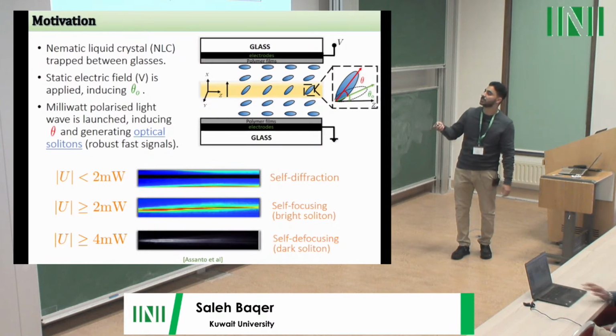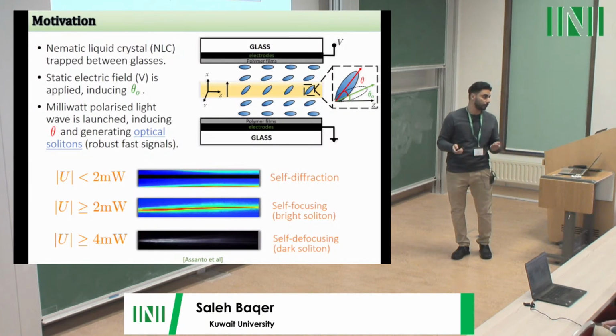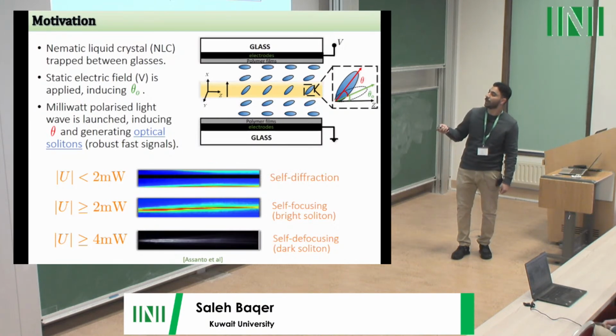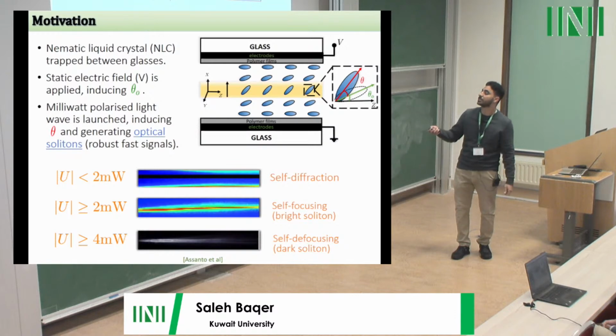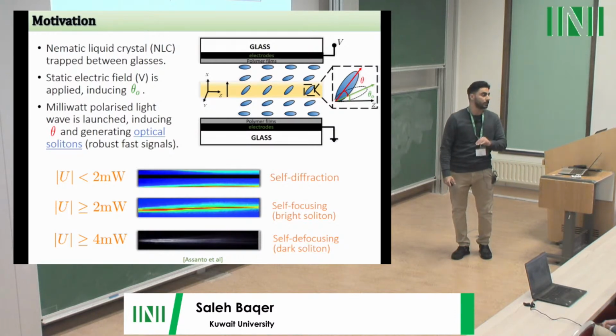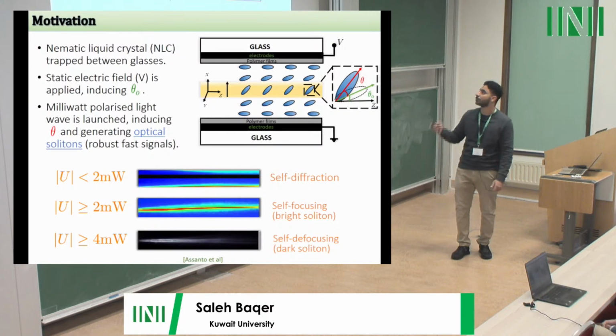So what you have here is a bright self-confined region that we call a bright solitary wave. At the same time, you could have a dark solitary wave when you add the chemical compound azo dye to your nematic liquid crystal. In this case, you have a self-confined region with low light intensity that we call a dark solitary wave.